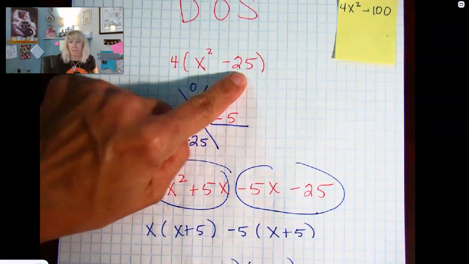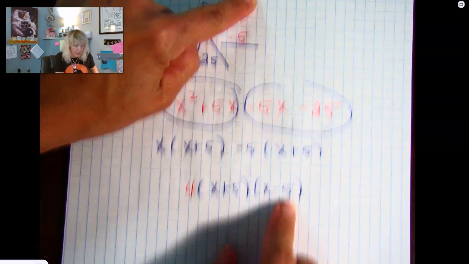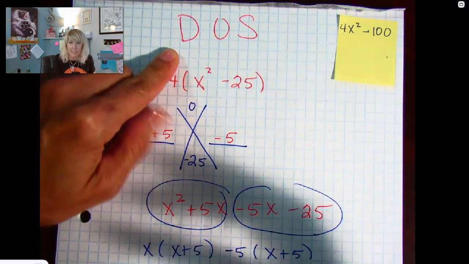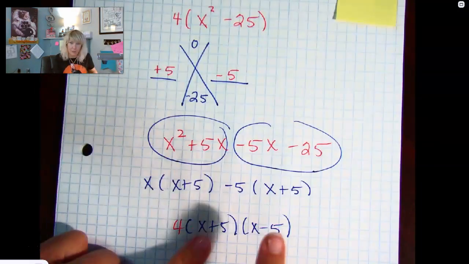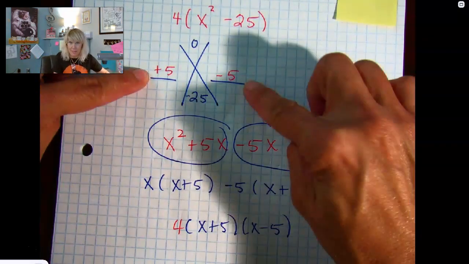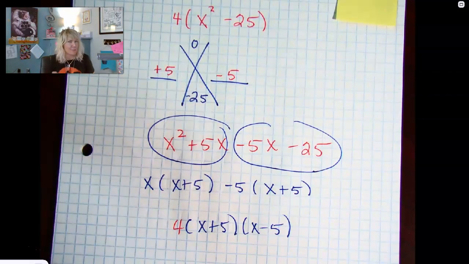The square root of the last term is a positive 5. And remember, it's a difference of squares. Difference is a minus sign, so they are going to have alternating signs. And of course, that's going to make sense because we don't have a b value. So these have to make a 0 pair in order for the b value to go away for it to be a difference of 2 squares.